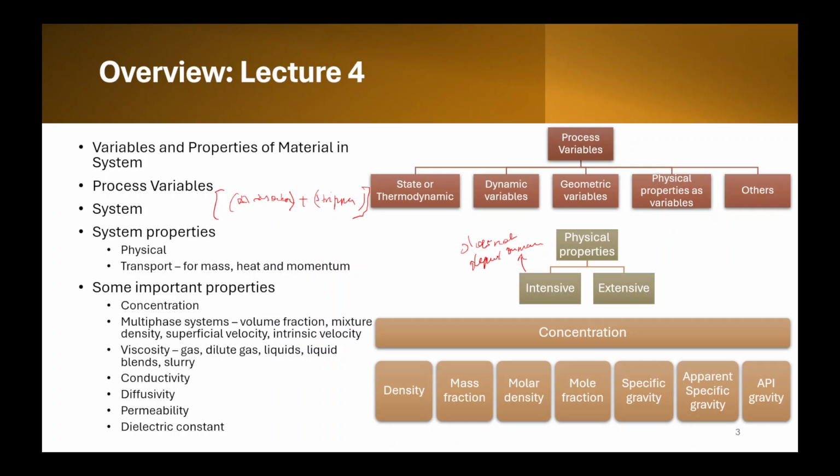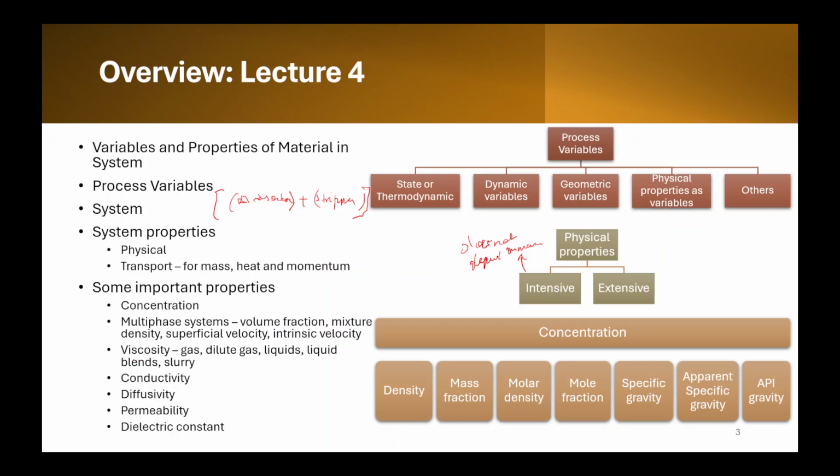Some important properties such as concentration. Concentration can be expressed in the form of density or mass concentration, mass fraction, molar density or molar concentration, mole fraction, specific gravity, apparent specific gravity, and API gravity. For multiphase systems, the volume fraction, mixture density, superficial velocity, and intrinsic velocity were discussed.